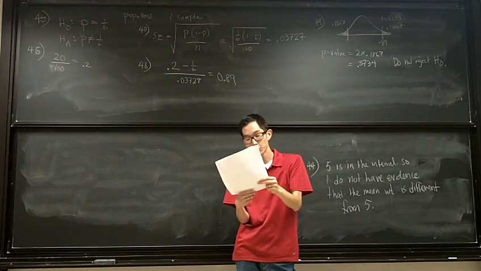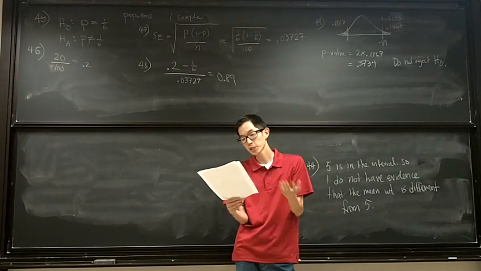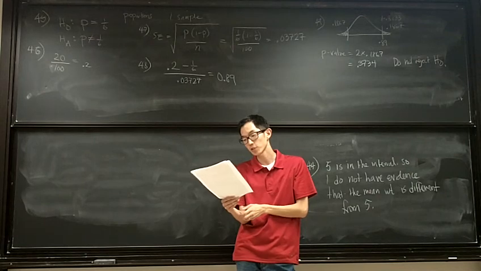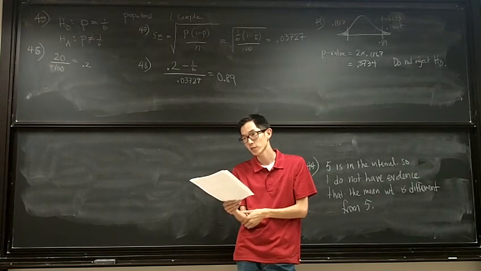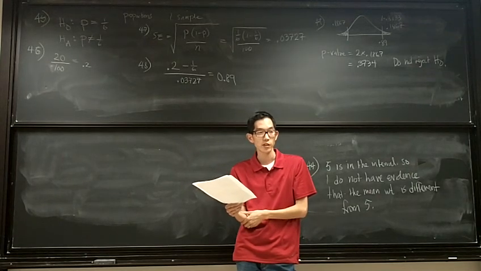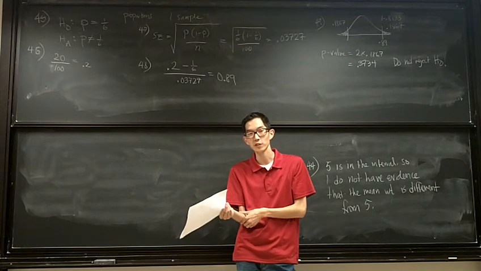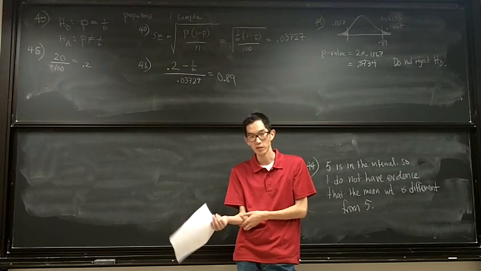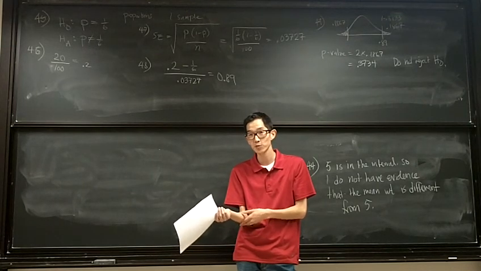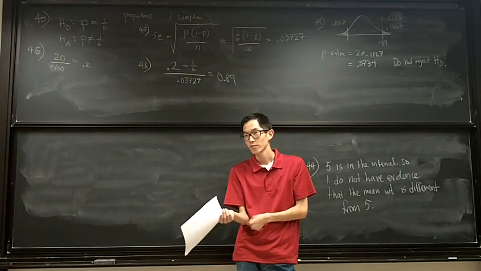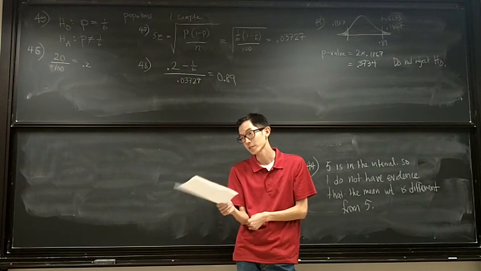Okay. So in a normal model, approximately what percentage of data are within 2 standard deviations of the mean? 95%. How much is within 1 standard deviation of the mean? 68. 3 standard deviations? Almost all, 99.7.